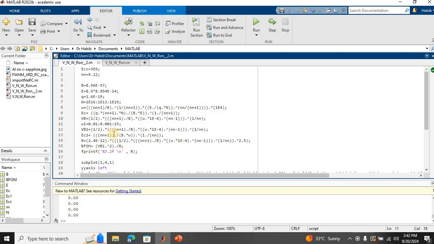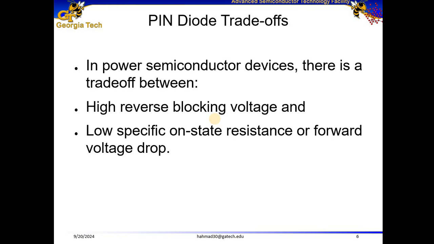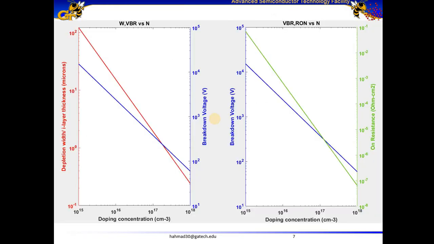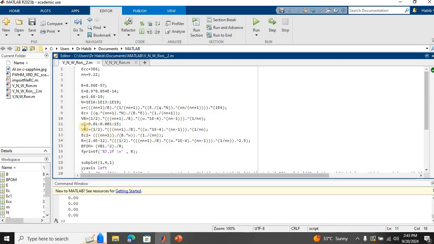Then further, here I defined another range of depletion width. The code so far is enough to demonstrate these two figures. However, for plotting each of these individual parameters, I have included more lines over here, like this W1.